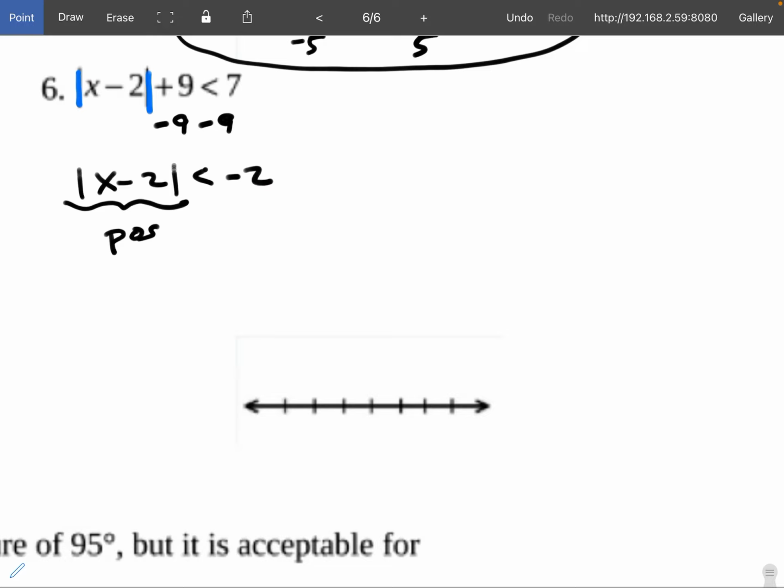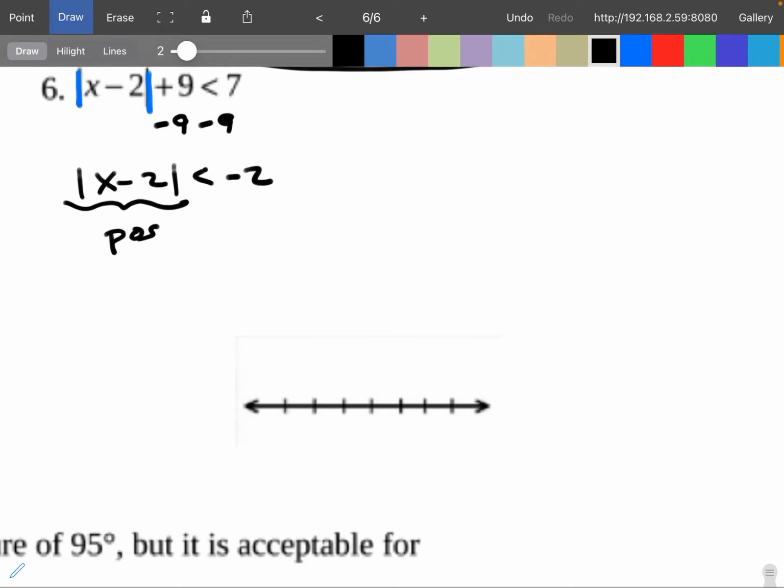This thing says a positive is less than a negative. Is that true or false? False. This says a positive is less than a negative 2. Well, a positive is never less than a negative. So that's false. So a positive less than a negative is always false. So this is always false.